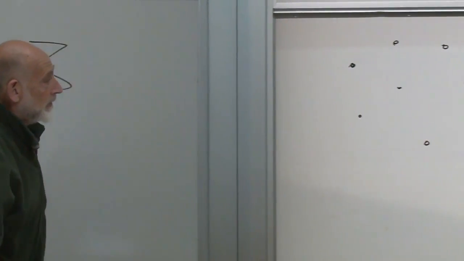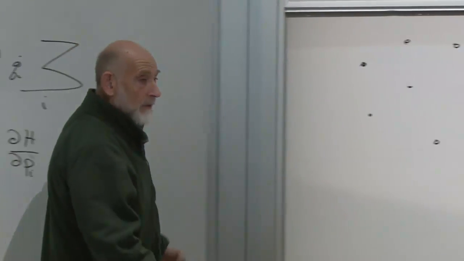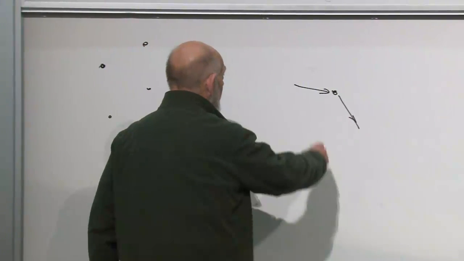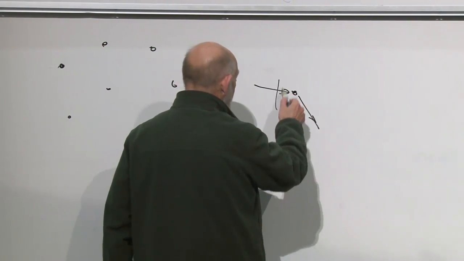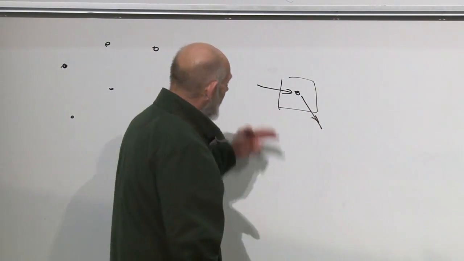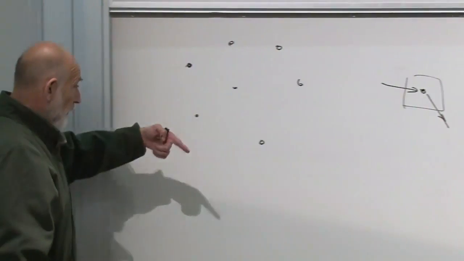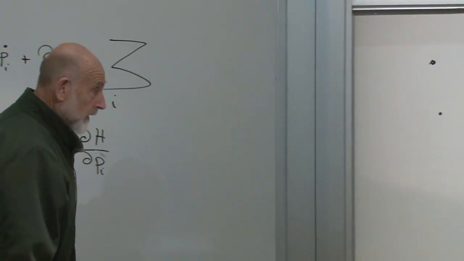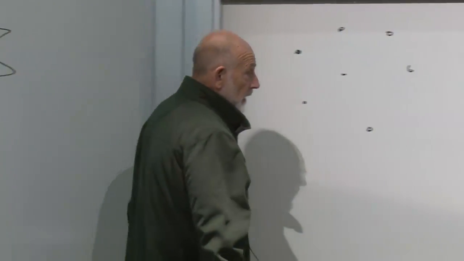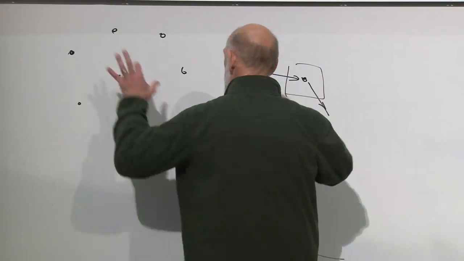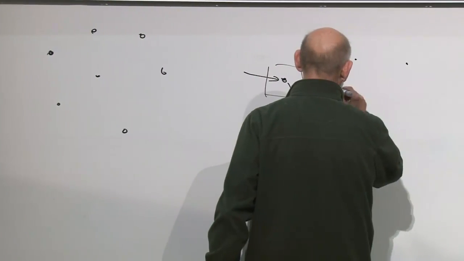Well, that sounds somehow a little bit related. If I take a little box around here, as much flows in as flows out. One arrow in, one arrow out. We could even do something more. Let's go to the 6-sided case for a moment.